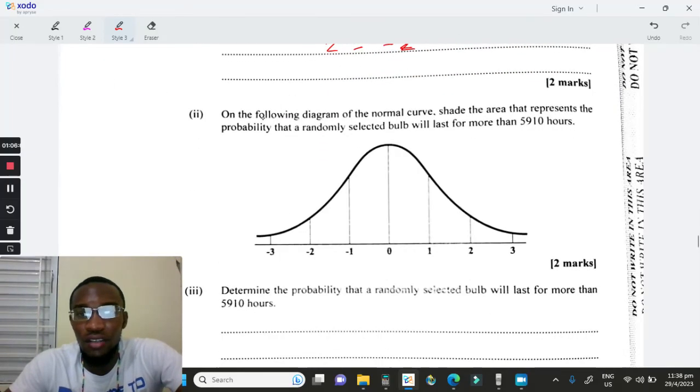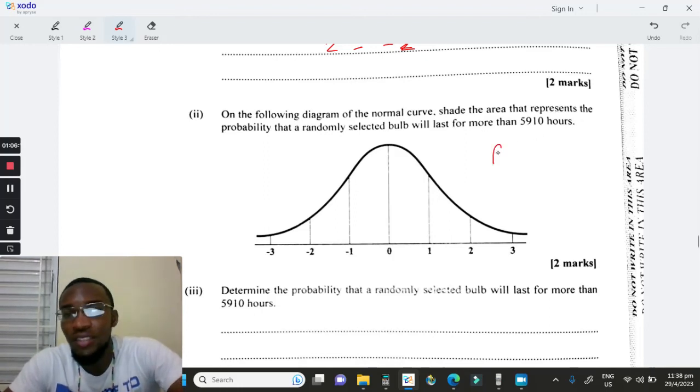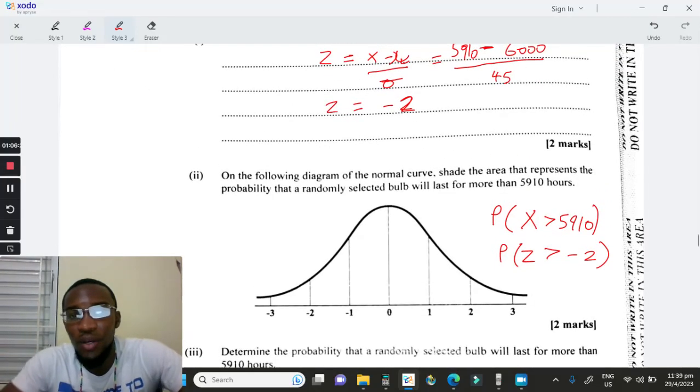Now it says, on the following diagram, shade the area that would represent the probability that a random bulb selected will last more than 5,910. So the probability X is greater than 5,910. This is really the probability Z is greater than -2, because we worked out the z-value above.